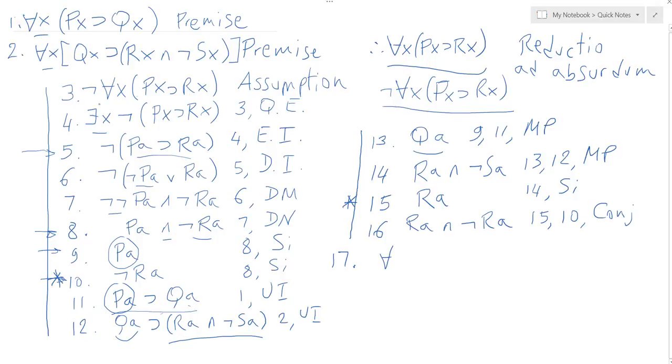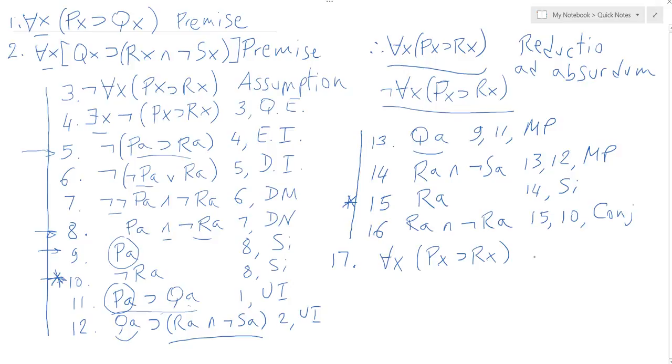We proved that the statement on line 3 cannot be true. So the negation of that statement must be true. And the negation of not for all x, if p of x, then r of x, is for all x, if px, then rx, which is the conclusion of the argument.